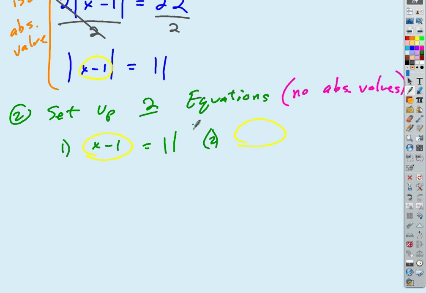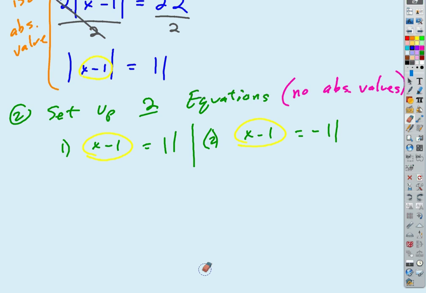Let's just put a line down here so we can separate the 2. Equation 2, whatever is inside, x minus 1 equals negative 11, right? And then part 2 is pretty easy. All we're doing is setting up the equations that we're going to solve.